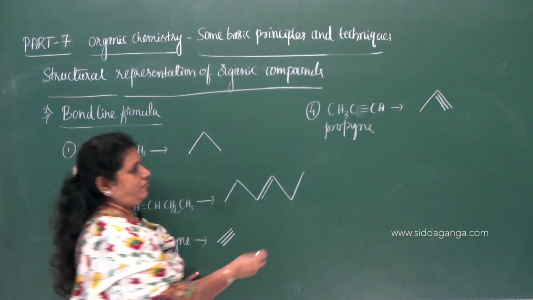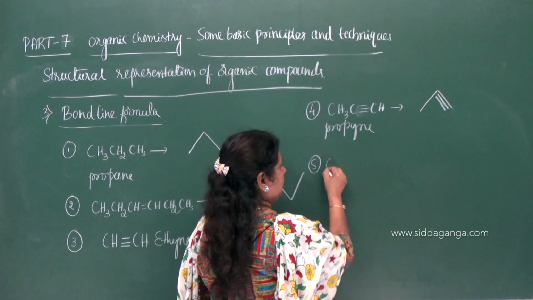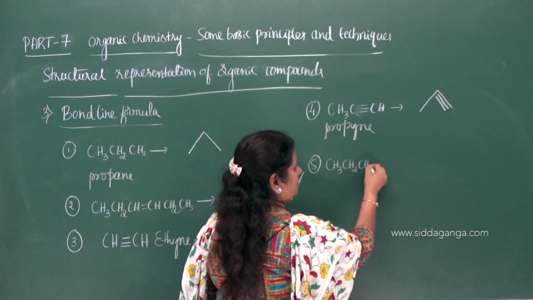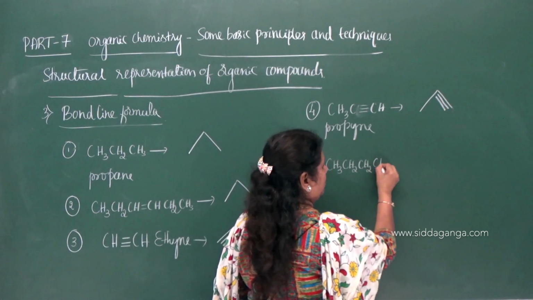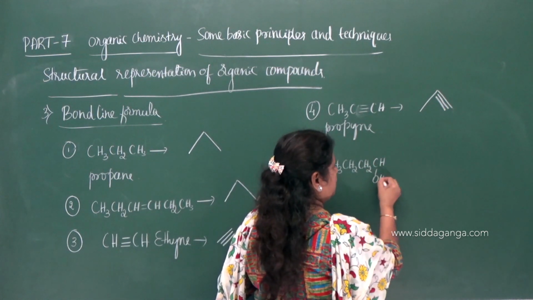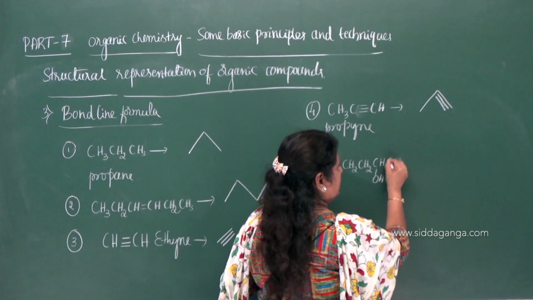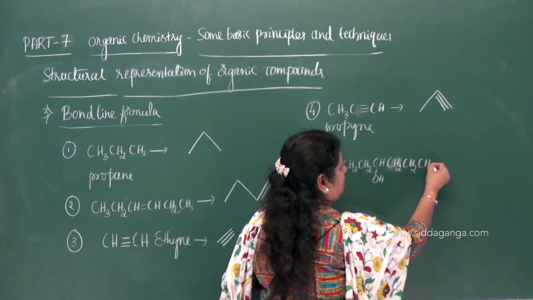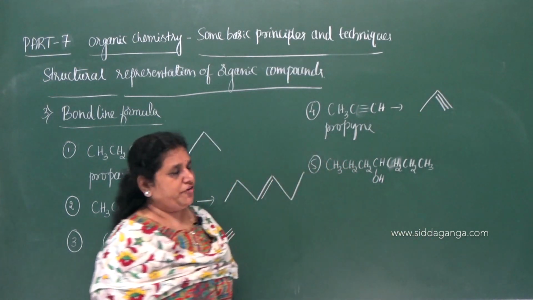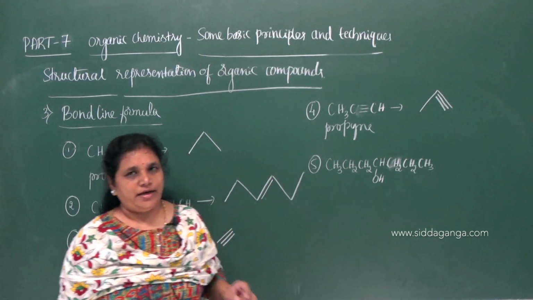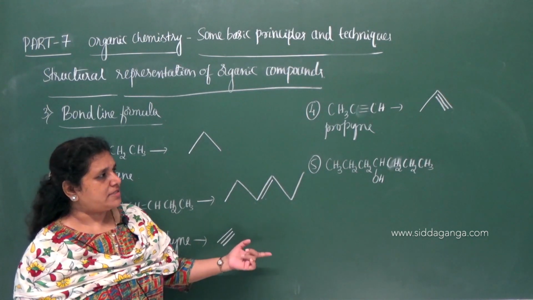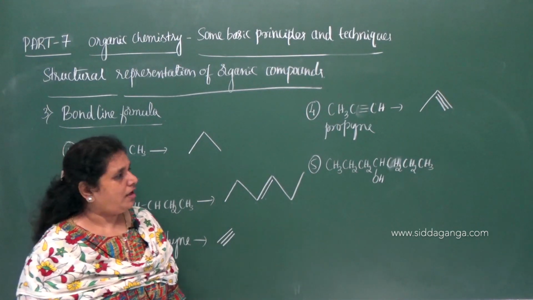Now the fifth one: CH3, CH2, CH2, CHOH, CH2, CH2, CH3. First you represent this molecule in a condensed formula, and then you can also represent this in a bond line formula.